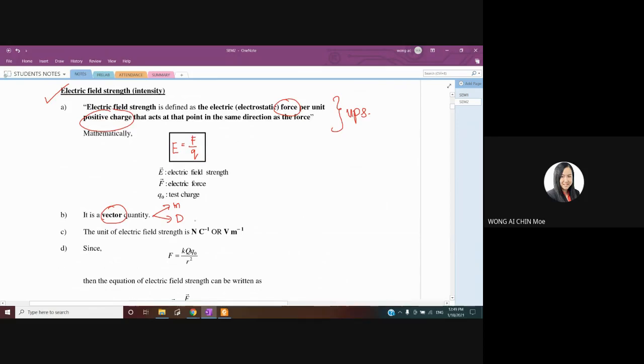The unit of the electric field is Newton per Coulomb, because E equals F over Q. Or sometimes you also can write the unit as volt per meter, because E we also can write as delta V, electric potential, over distance. So it's volt per meter. Both are acceptable for electric field.